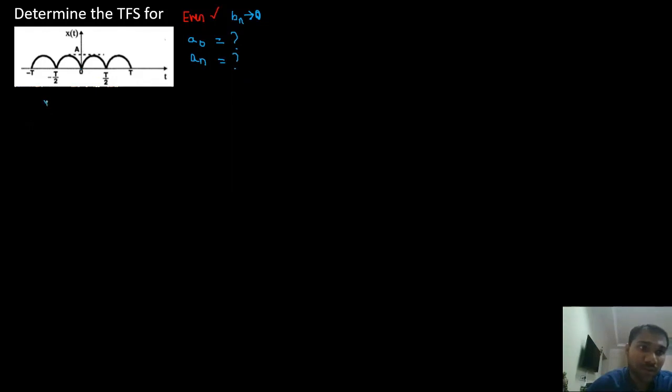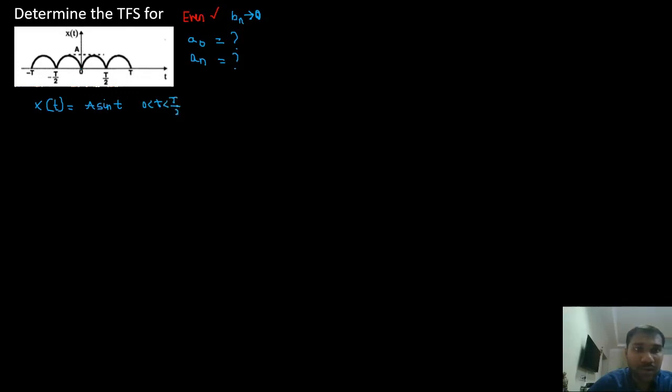What is the equation for x of t here? This is a sine signal, right? So x of t is equal to A sine omega t for t in between 0 and T by 2.